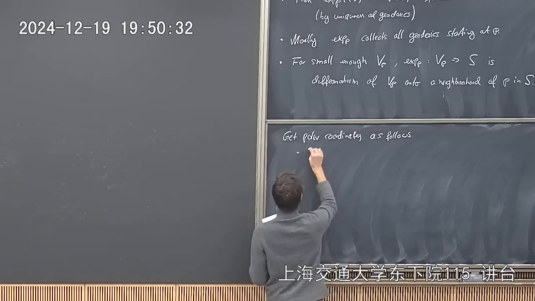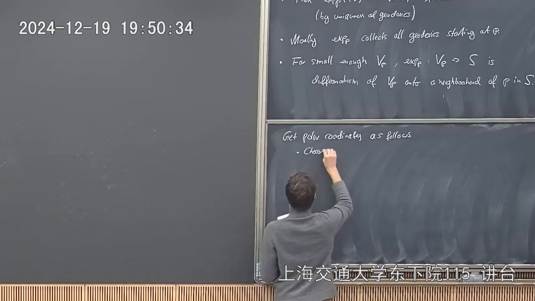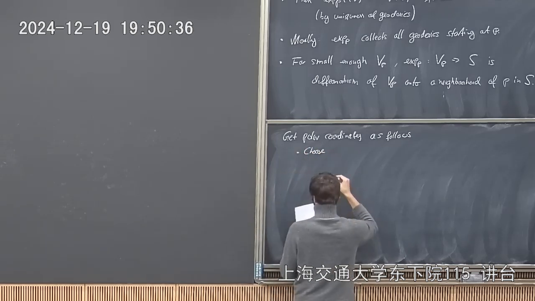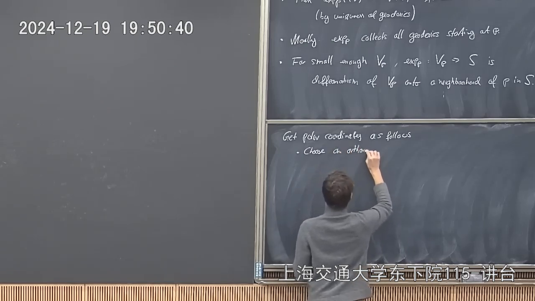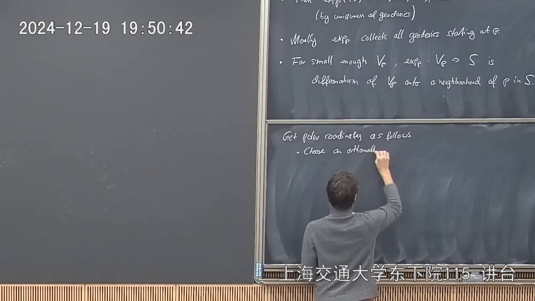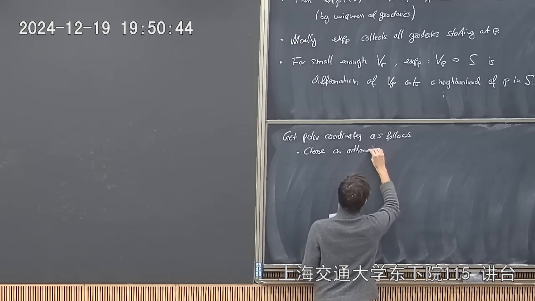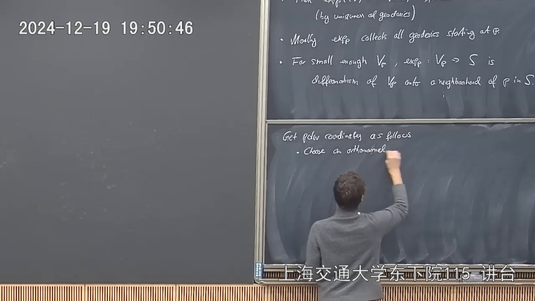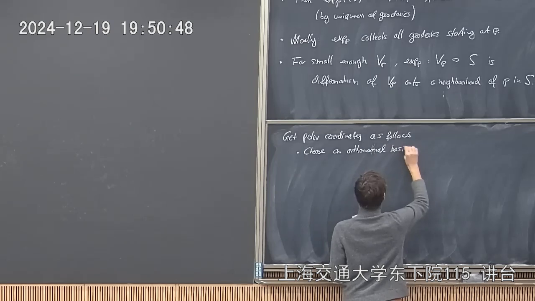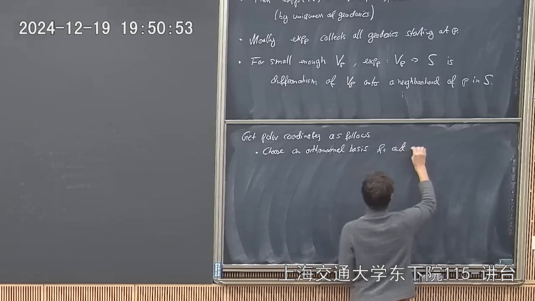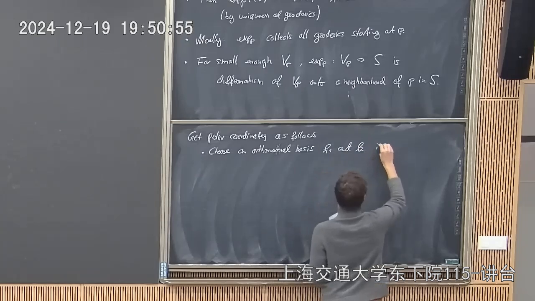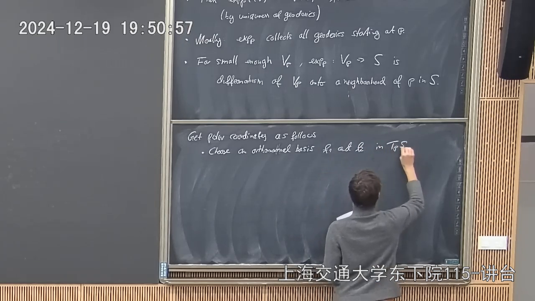The first step is we choose an orthonormal basis. Let's call it F1 and F2 in the tangent space.